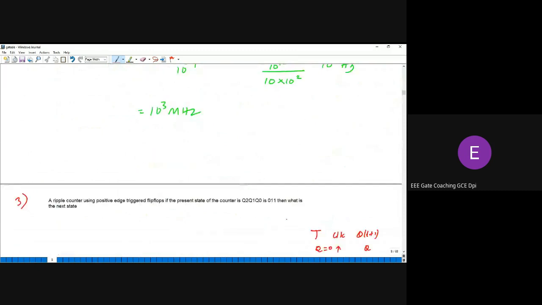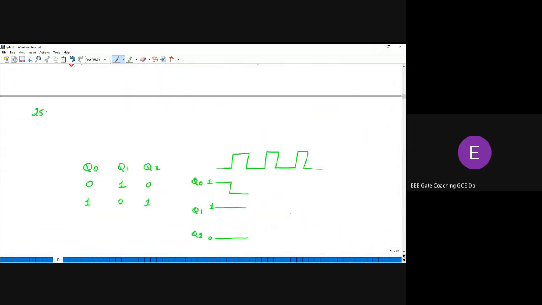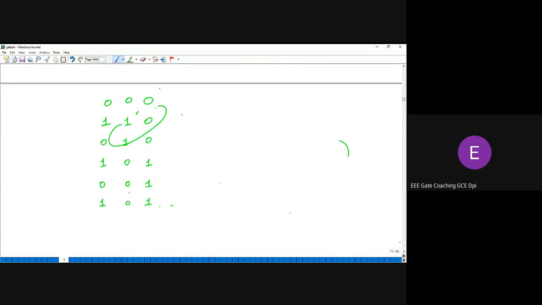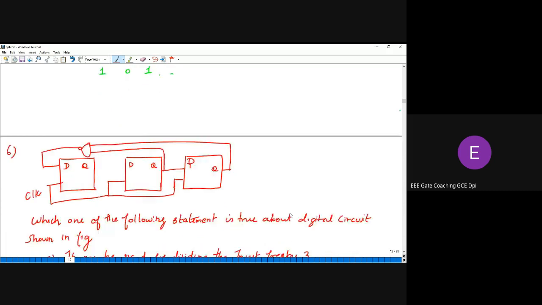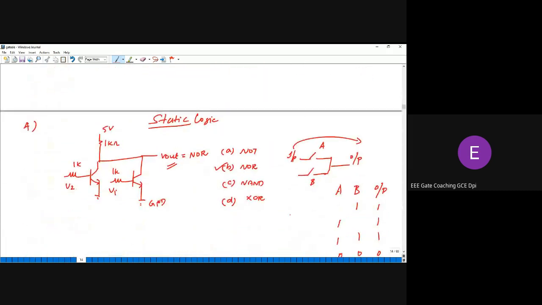I concentrated more on sequential circuits. Then how to convert the flip-flops, that is D to SR and SR to D, right? Then static logic also I have discussed, right?